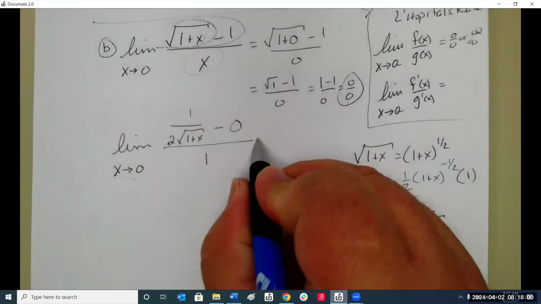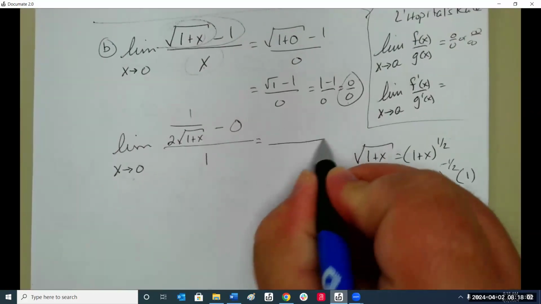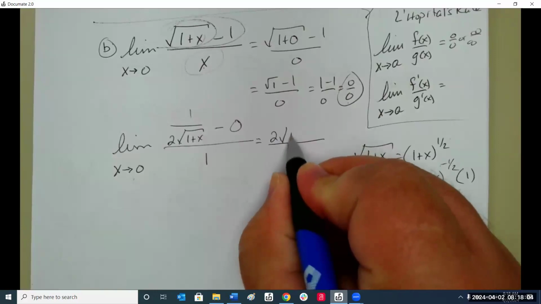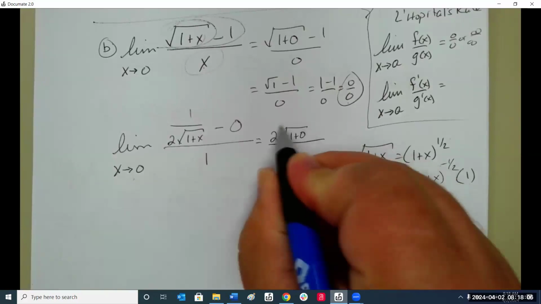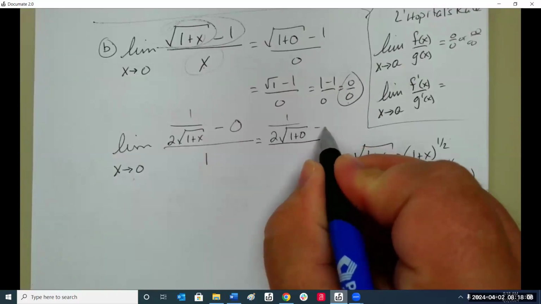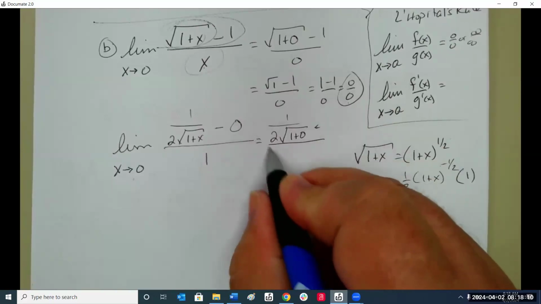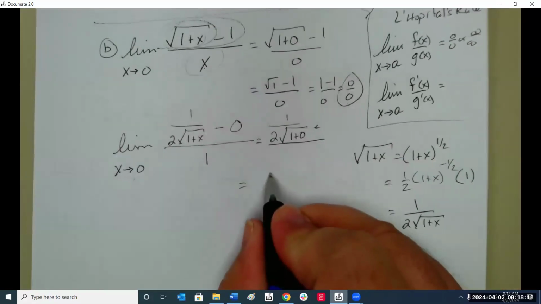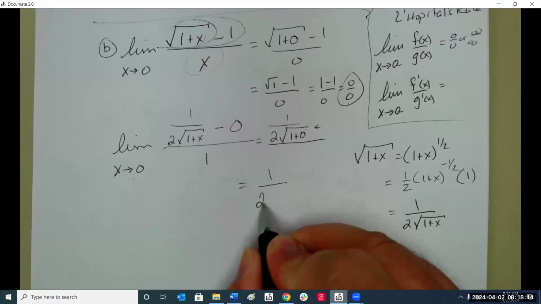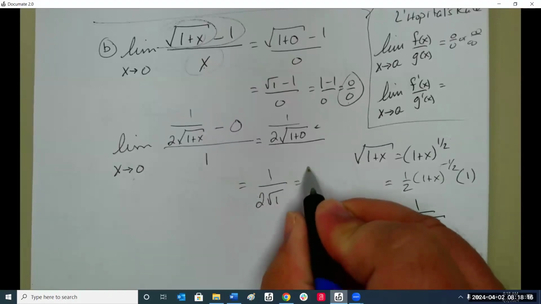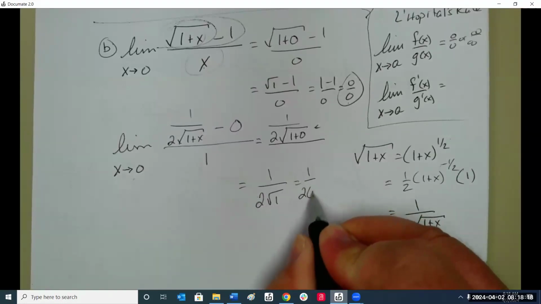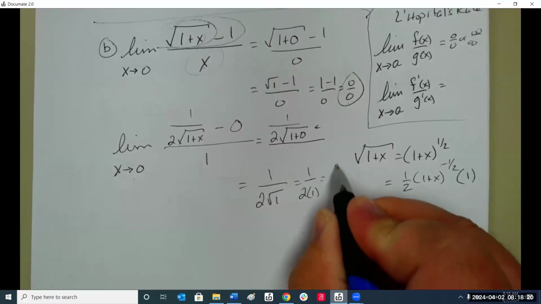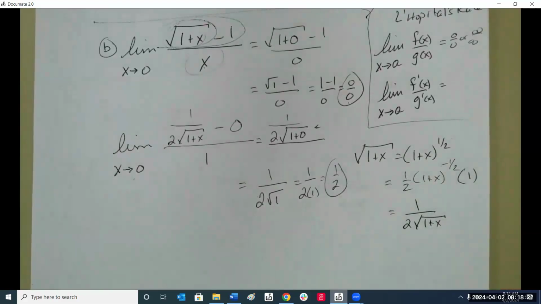Plug in 0. 1 plus 0, minus 0 over 1, doesn't matter. So it's 1 over 2 radical 1, over 2 times 1. It's 1/2. That's our limit.